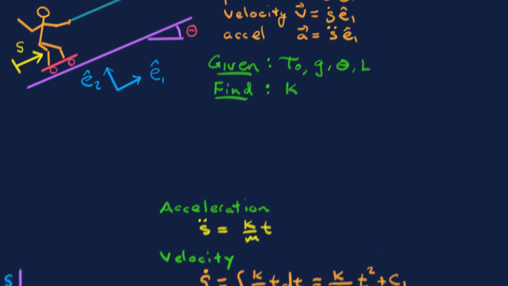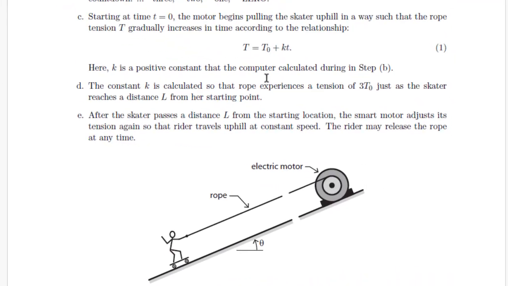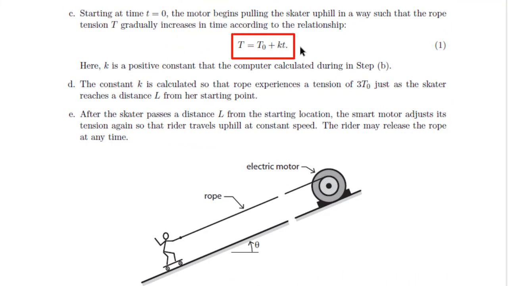So we're given, let's suppose, the initial tension in the cable to hold the skater at equilibrium, g and theta, the slope, and the length, or, what's this length again? We'll have to go remember. But the objective is to find the k. K was the rate at which the tension was increasing.